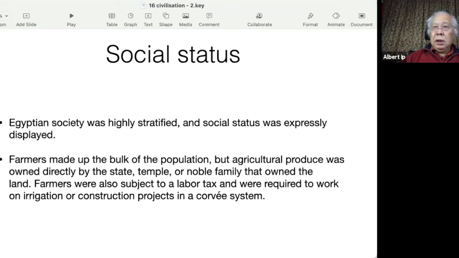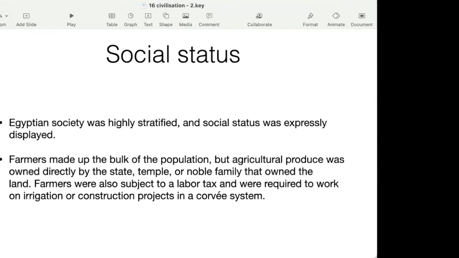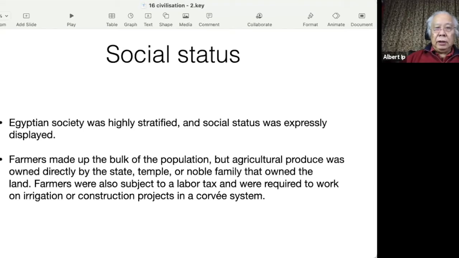The lower social status are usually the laborers and the farmers. But agricultural produce was owned directly by the state, temple, or noble family that owned the land. So again, these farmers were just laborers, and the produce was owned by either the state or the people who own the land.